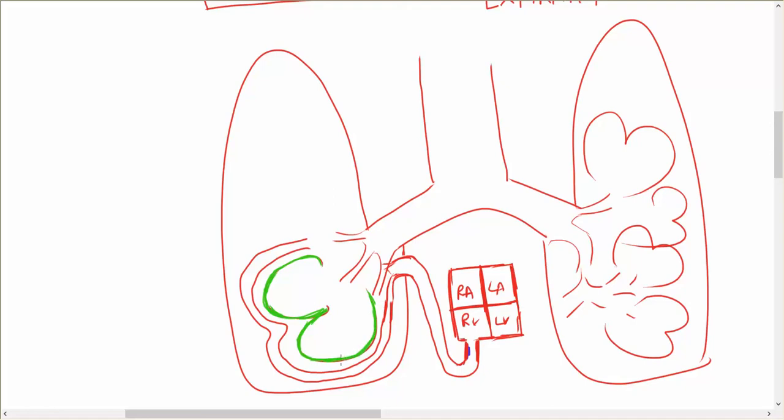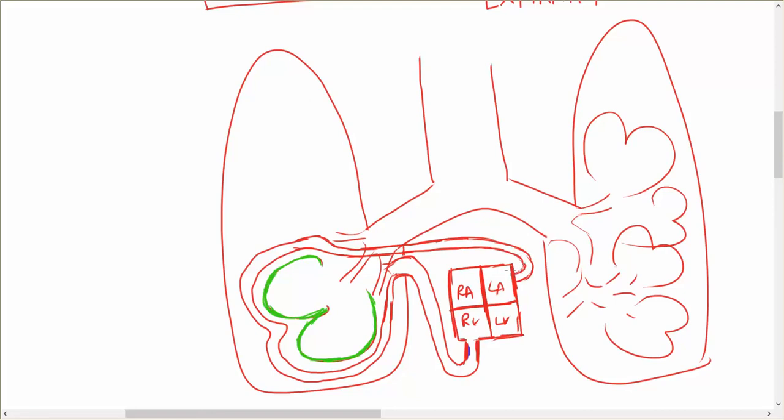Now the pulmonary capillary winds and surrounds the alveoli, and they come out as a pulmonary vein, and they enter the left atrium.